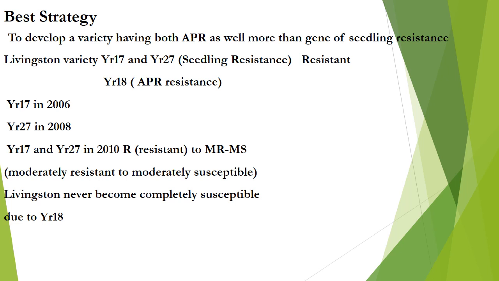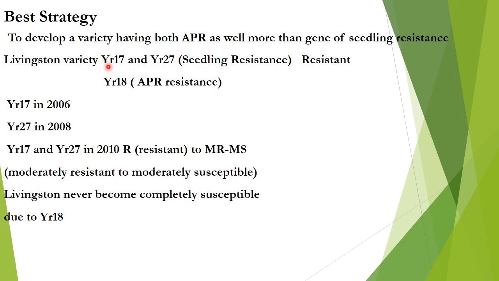This is an Australian variety. It has two genes, YR17 and YR27. YR stands for yellow rust. These two genes are seedling resistance genes, and they express themselves at every stage of growth and provide protection against yellow rust.